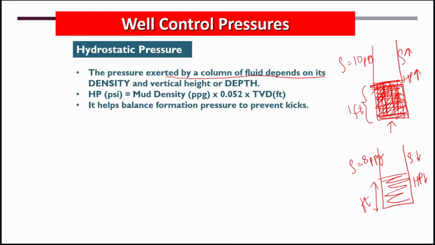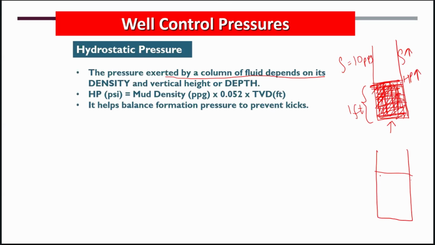So it depends upon density, and then it depends upon height. I'll give you an example. Now I have 2 feet of column, 2 feet in height, and the density is the same, 10 ppg. But if you change the height, obviously the hydrostatic pressure here will be more. In the second case, the hydrostatic pressure will be more than the first case.